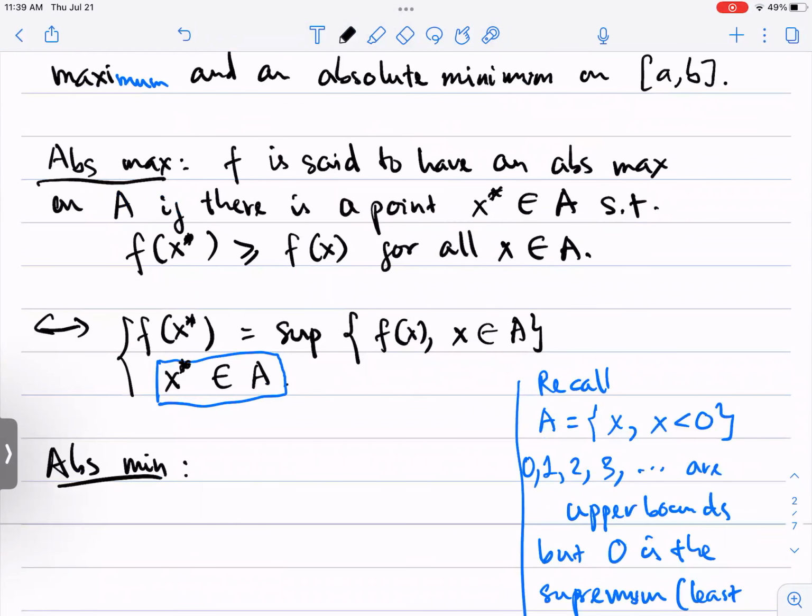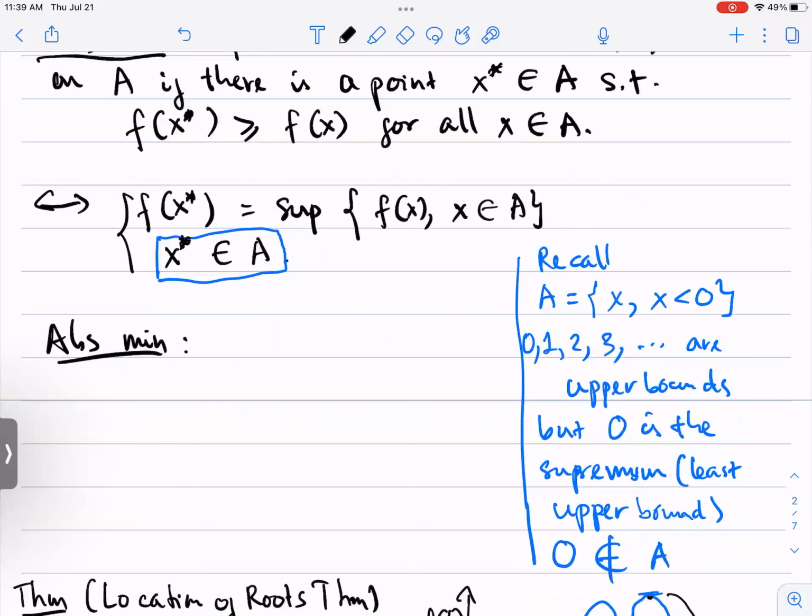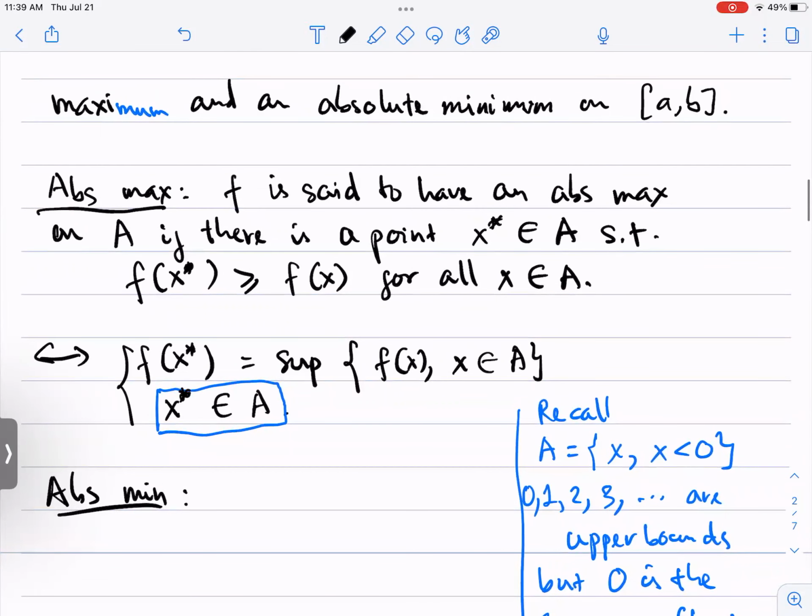Now the absolute maximum is defined as follows. F is said to have absolute maximum on the set A if there is a point x star in the set A such that f of x star is greater than or equal to f of x for all x in the set A. In other words, f of x star is equal to the supremum of the function f of x for x inside the set A, and additionally, x star belongs to the set A. So this is really the distinction between absolute maximum and the supremum concept.